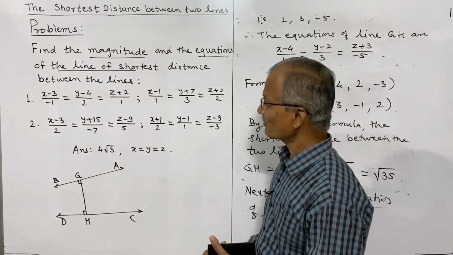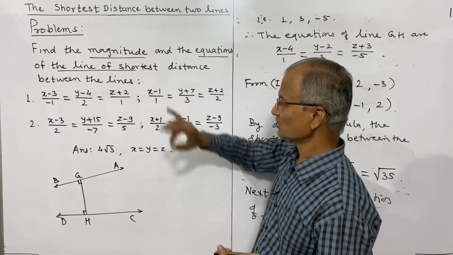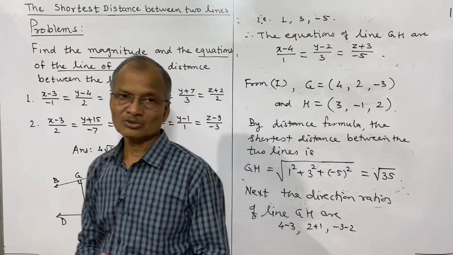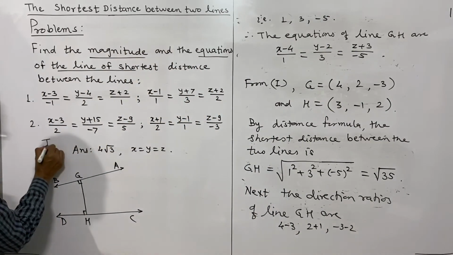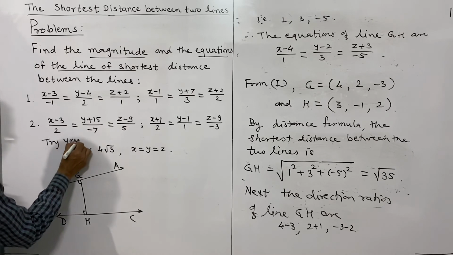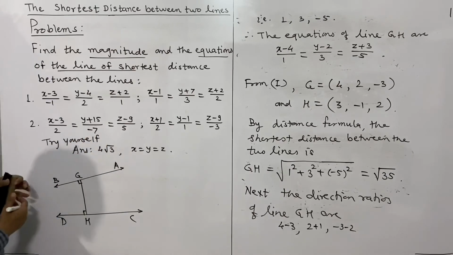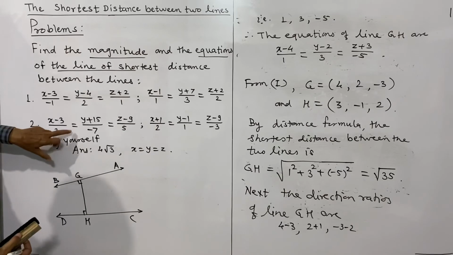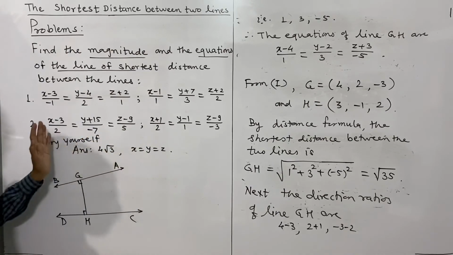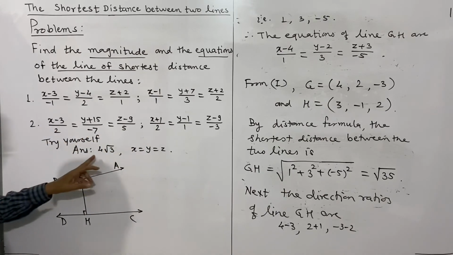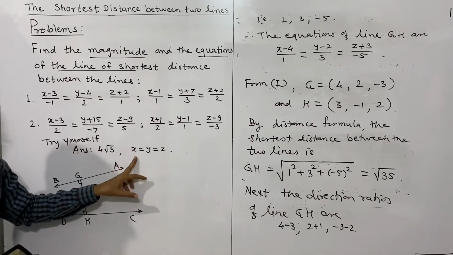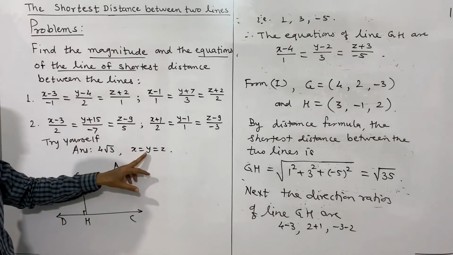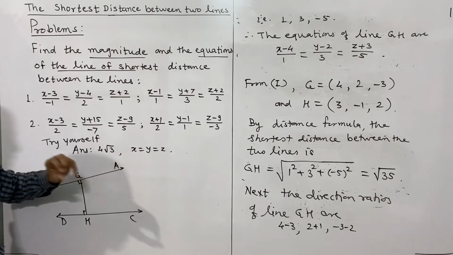Now the second problem I have written, and the instruction is the same. You should try the second problem yourself, because the same things are asked and the equations of the two lines are also in symmetrical form. The answer is the distance is 4 root 3 and the equations are x divided by 1, y divided by 1, z divided by 1.